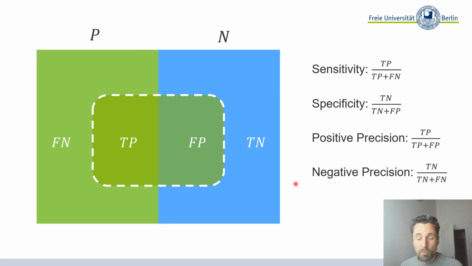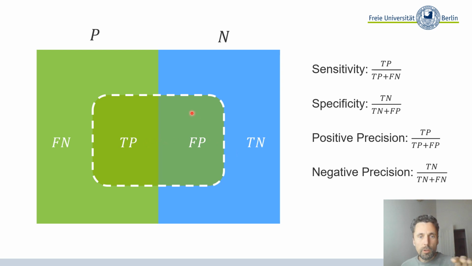In the remaining two metrics now, we look from the perspective of the model. So we look at the data that is predicted positive, so either true or false positives. And then we look at this proportion. So a very precise algorithm would have almost no false positives. Yeah?